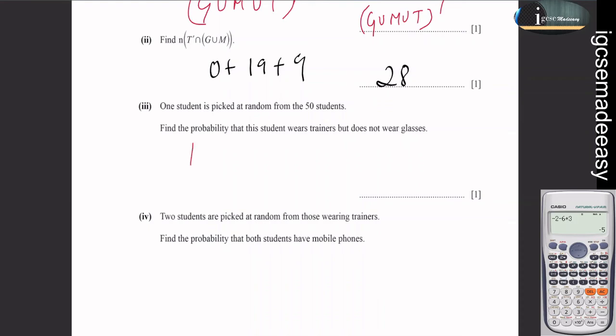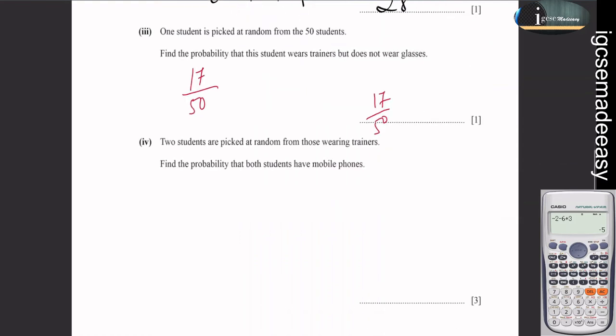So 14 plus 3 is 17. 17 students out of 50 are wearing, meaning one student is picked at random. So 17 by 50 will be the probability that the student will wear trainers but not glasses. Okay.